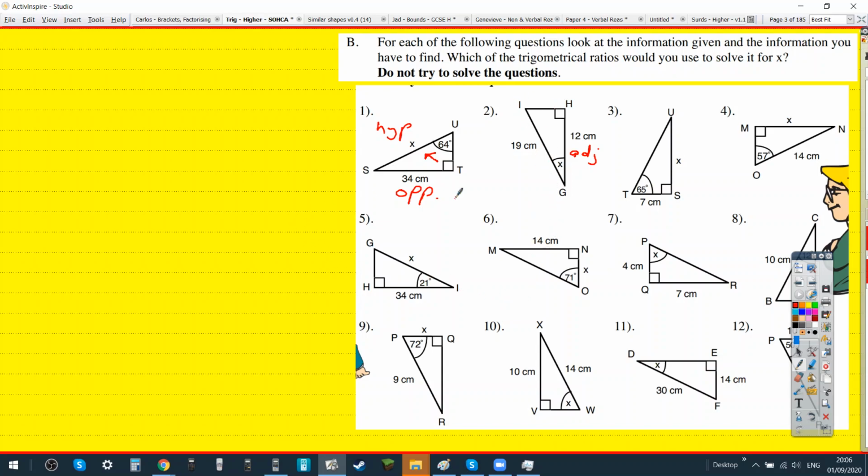Oh, okay. GI. Oh, then GI is the hypotenuse. Well done. How about question 3? So is TU the hypotenuse? Yep. Don't need to do that one though. It's blank. Okay.